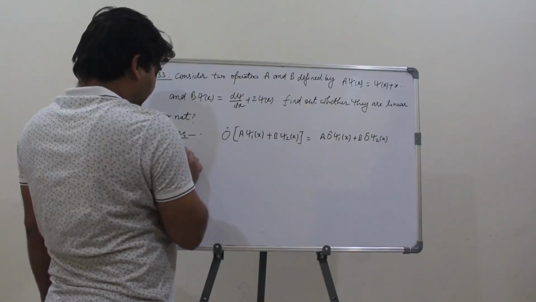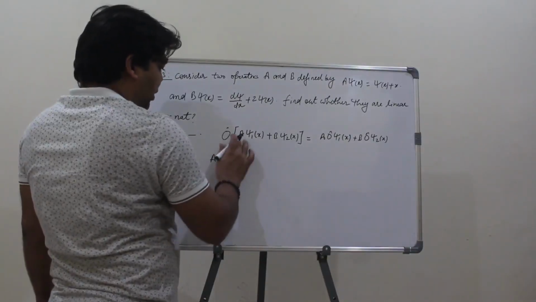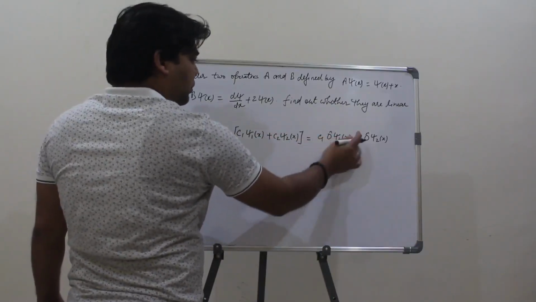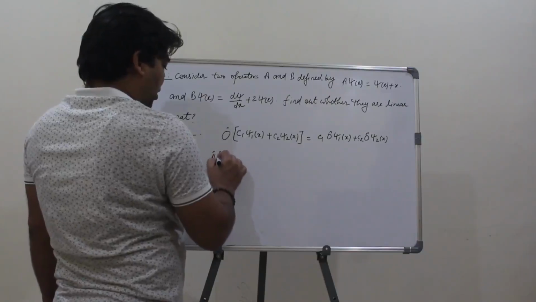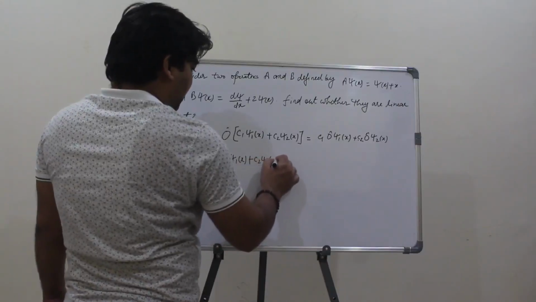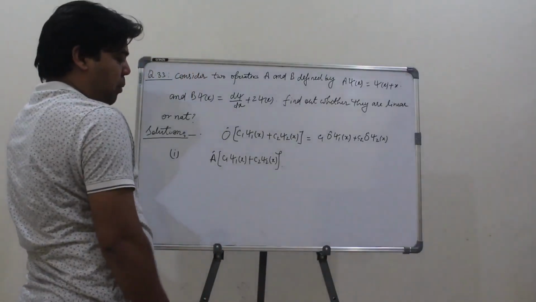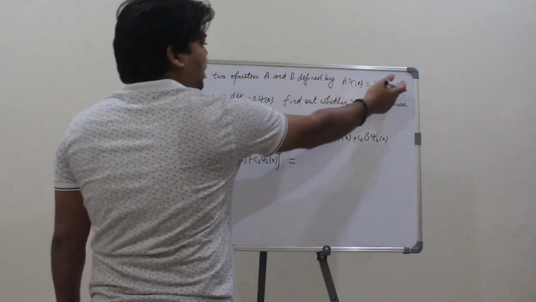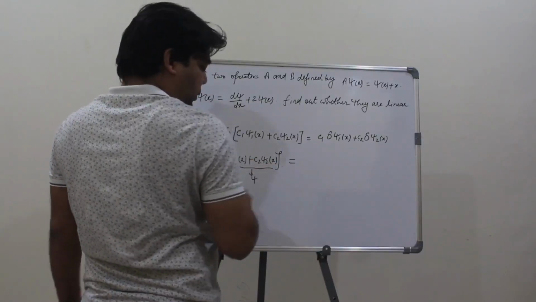Let us go to the first one. When you apply this A operator on c1 psi1(x) plus c2 psi2(x), the two wave functions, it simply gives you psi(x) plus x, where you can assume the entire combination as some psi(x).